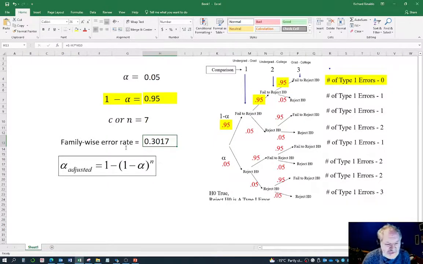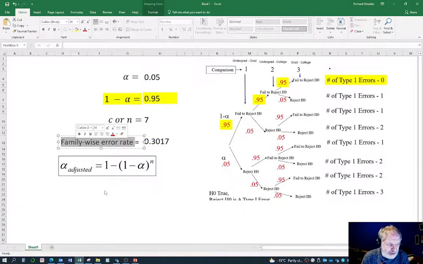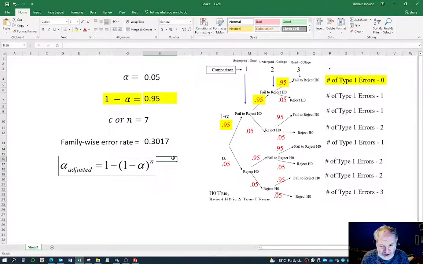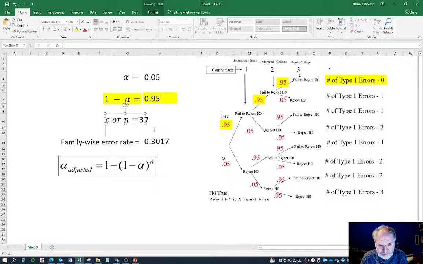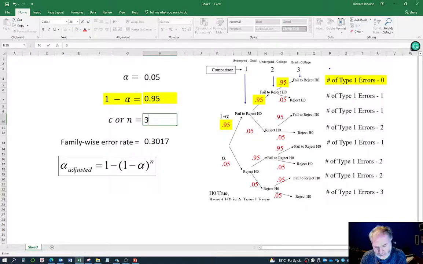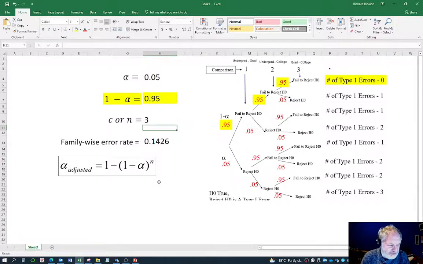And this is referred to as the family-wise error rate, right? So it's not the error rate for each individual comparison. It's the error rate when I think of all three comparisons as being part of a family. So I don't look at it as the one t-test, I look at it overall. What is the overall error rate for the family of three t-tests? In our case here with three, the error rate is 14%.